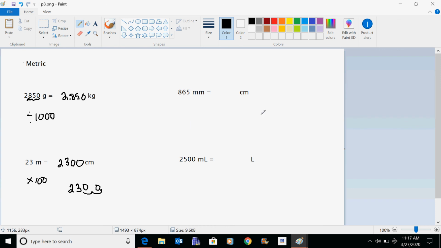Millimeters to centimeters. If you remember with our rulers, you count off the centimeters by the ones, but then there's 10 little millimeters in each centimeter. So since there were 10 little millimeters in each centimeter, there's going to be more of these than there are of these. Okay, 10 millimeters in 1 centimeter.